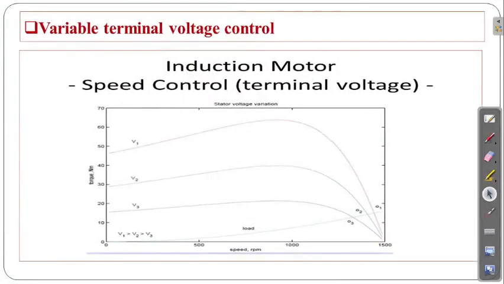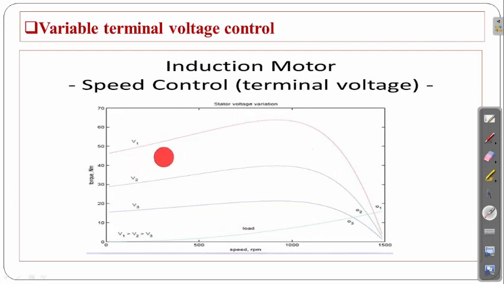Then we'll go for another voltage control method, the variable terminal voltage control method. Here also we have a curve for torque versus speed. You will see a slight increase in the voltage, whereas in stator voltage control there is a huge increase and decrease.